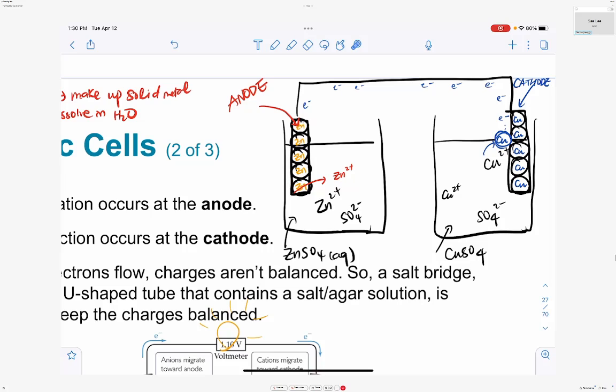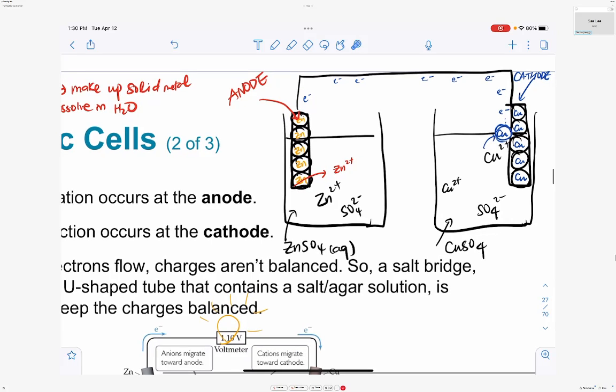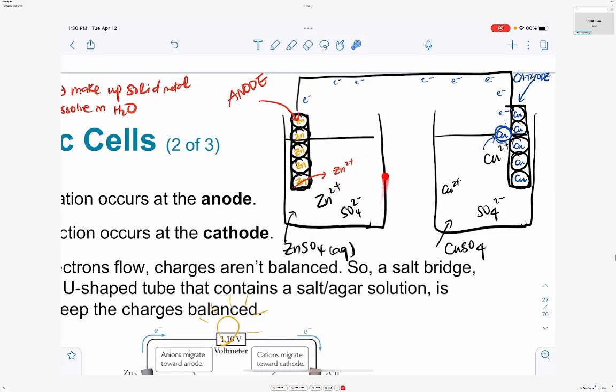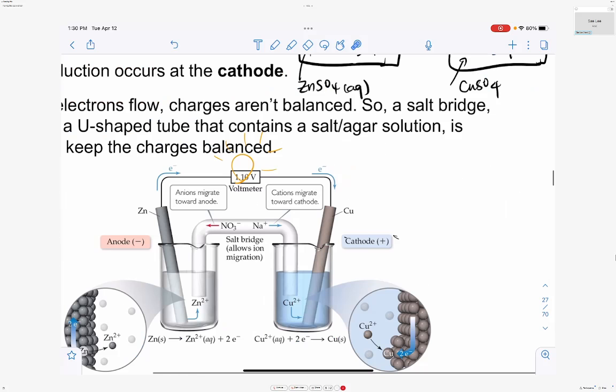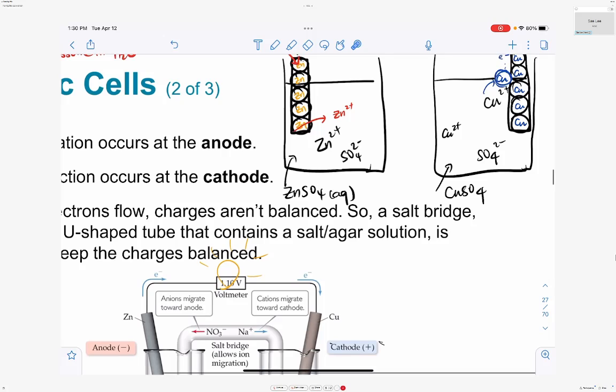The oxidation process is specifically occurring on the zinc metal surface, so this exact piece of zinc metal is called the anode, and this copper piece of metal is called the cathode. Since oxidation is occurring on the left side, the left beaker of the voltaic cell is called the oxidation half cell.